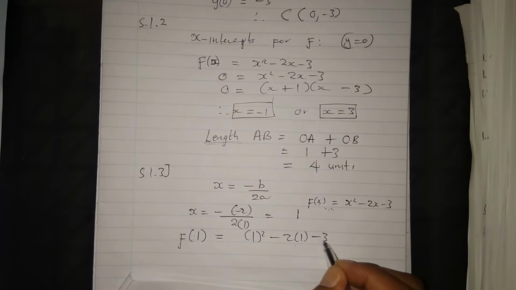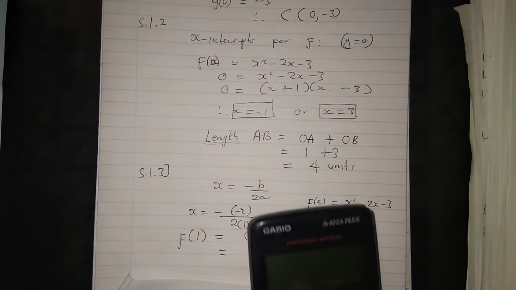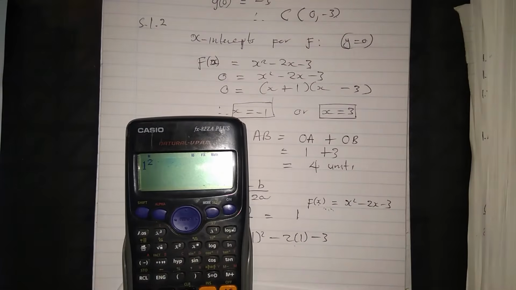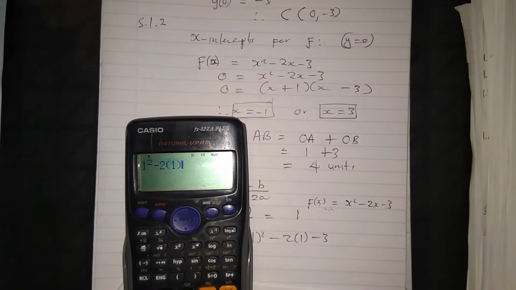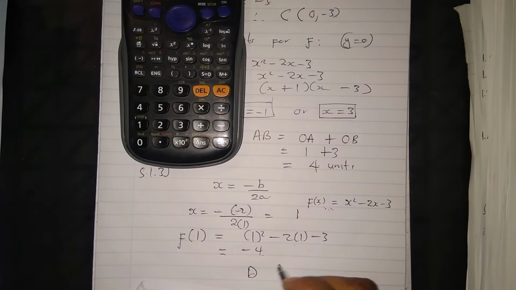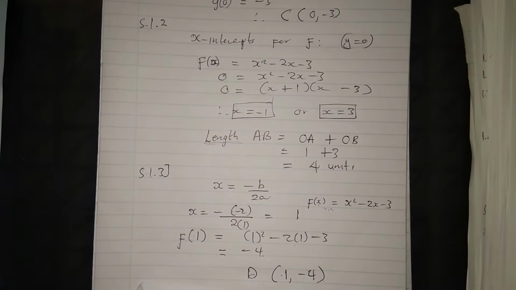Let's calculate: 1 squared minus 2 times 1 minus 3. The answer is negative 4. So therefore the coordinates of D are 1 and negative 4. This is the turning point.